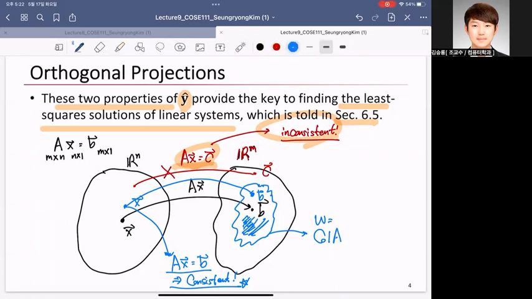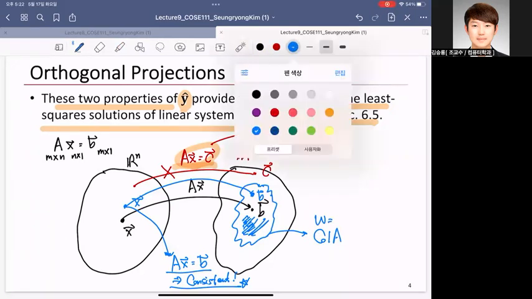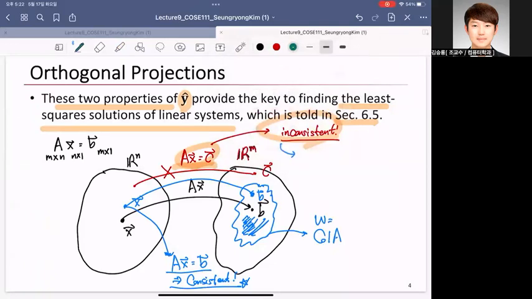We want to find an approximate solution, even though we can't find the exact solution of Ax equals c.